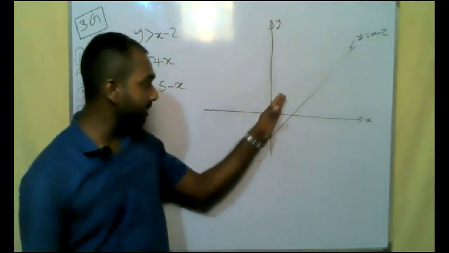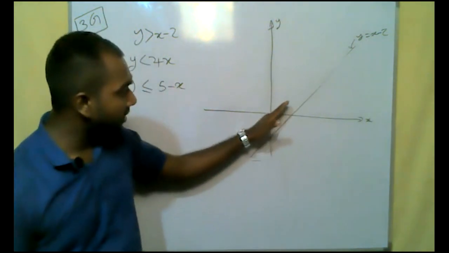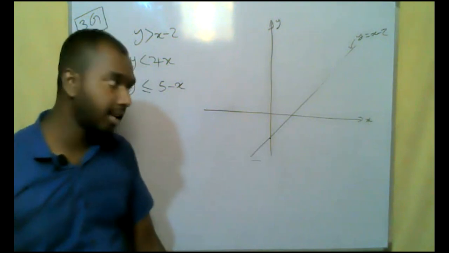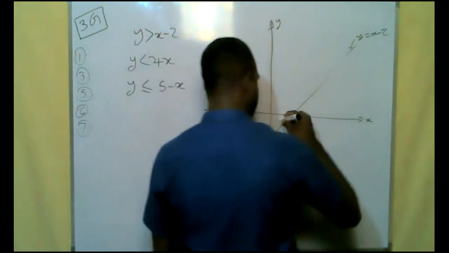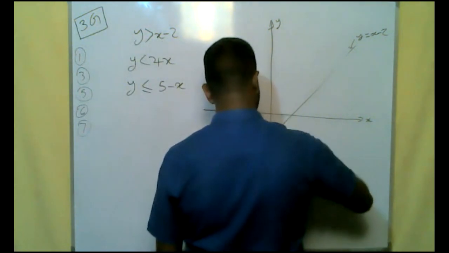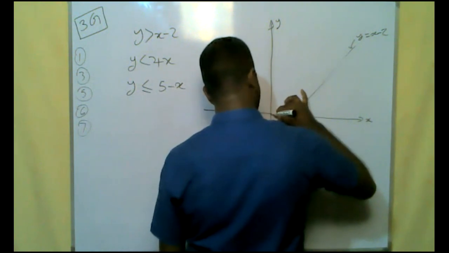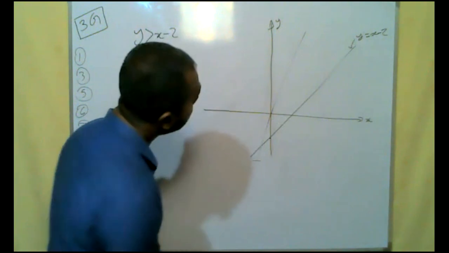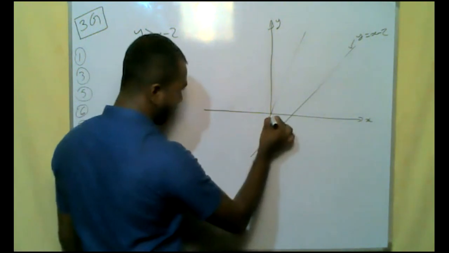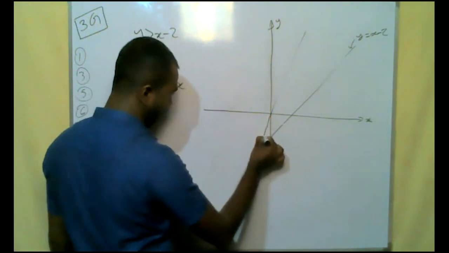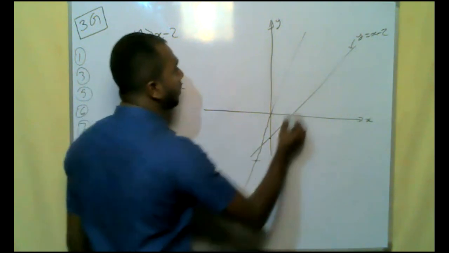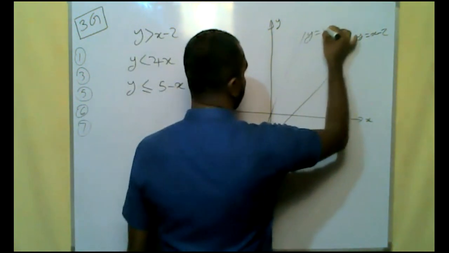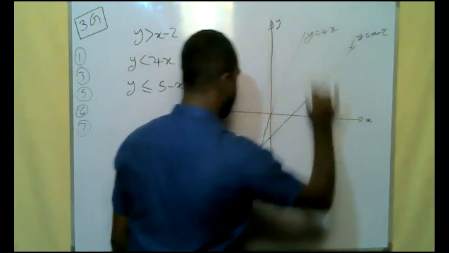If we are getting that tan value, that means the angle will be beyond 75 degrees, which is very high. Like this. This is y equals 4x.